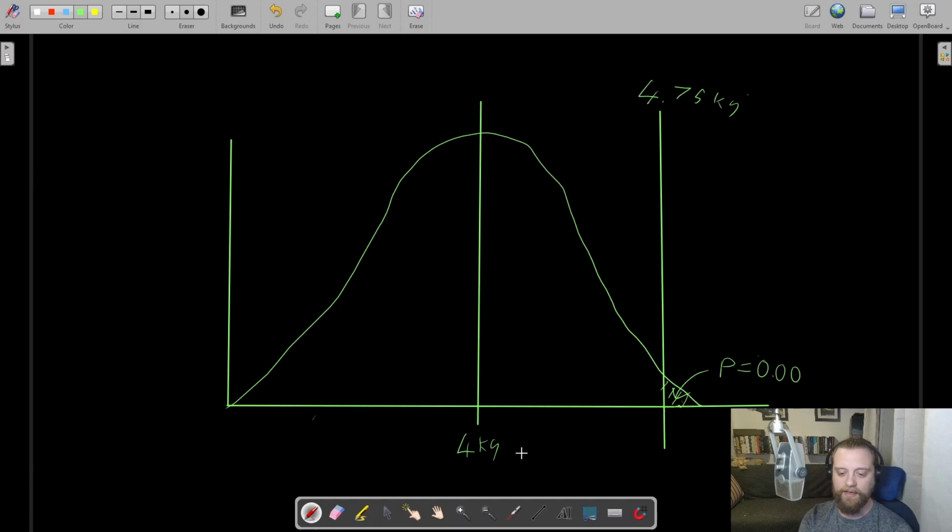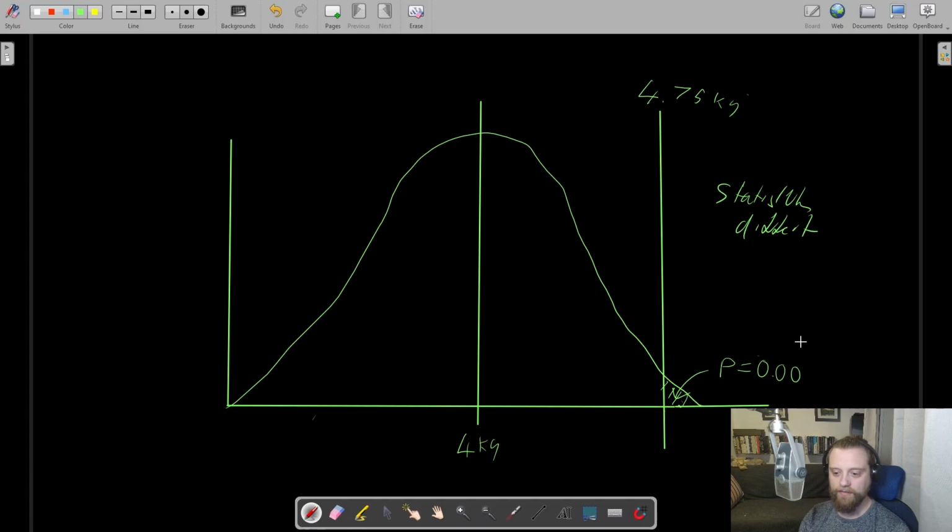So what I could say is that my sample was statistically different from the population as a whole, because this is what we mean by statistically distinct.